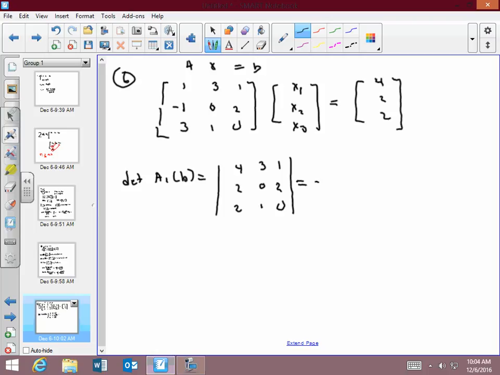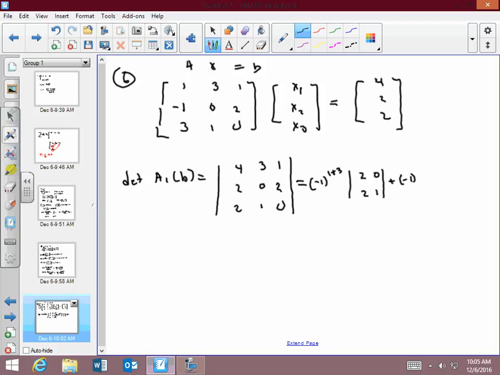So it's a minus 1, and then I'm starting in the first row, third column. So 1 plus 3, and then it's 1 times the cofactor, 2, 0, 2, 1. And then it's a plus a minus 1.